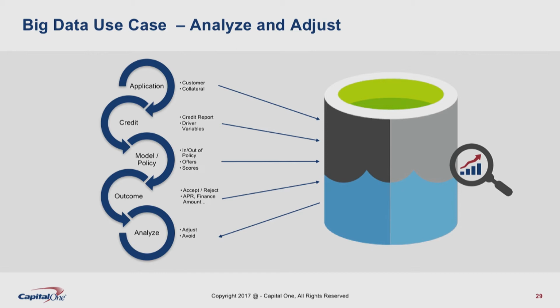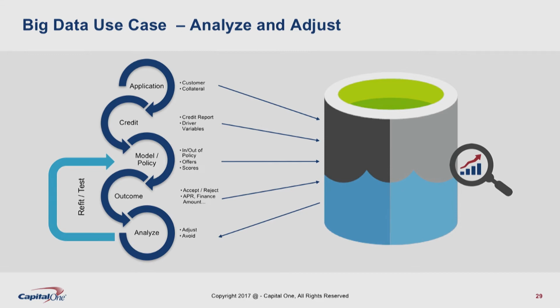So what we're doing here is taking a bunch of data, dumping it into analytical systems, big data systems, and refitting these things. We're figuring out what to adjust, what pieces of the market to avoid, who to avoid, what types of things will be more profitable for Capital One.